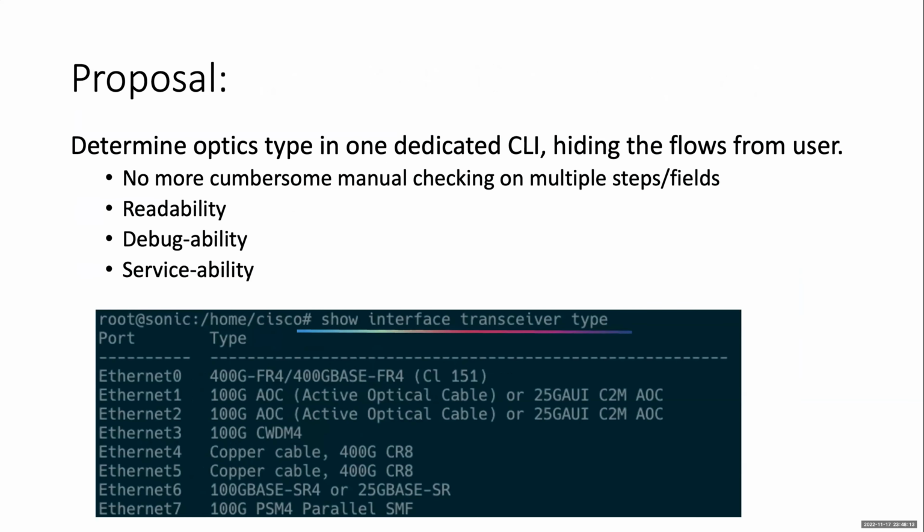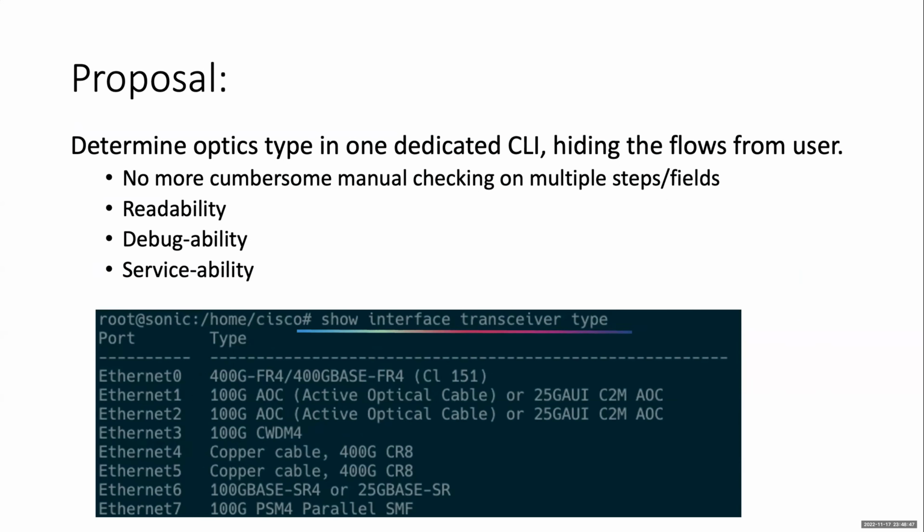So our proposal to tackle this pain point is one dedicated CLI, where we hide all the complicated flows from the user and do everything under the hood. What happens under the hood is that the necessary data are parsed and gathered from the EEPROM, and the transceiver daemon pushes that info to the Redis DB.